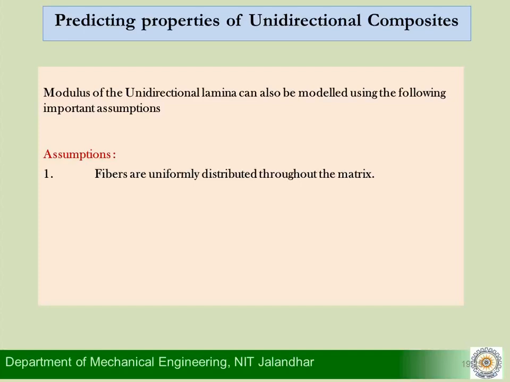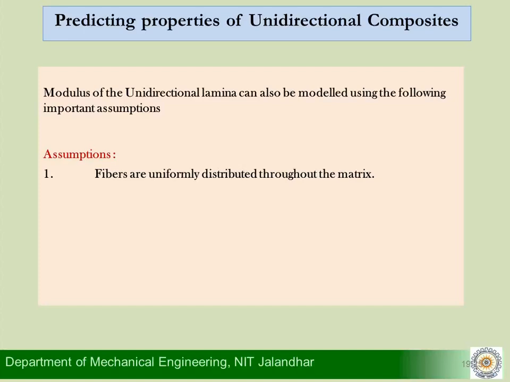The first assumption we are making here is that fibers are uniformly distributed throughout the matrix. There are no matrix rich regions and there are no fiber rich regions. Whatever is there, it is all uniformly distributed.